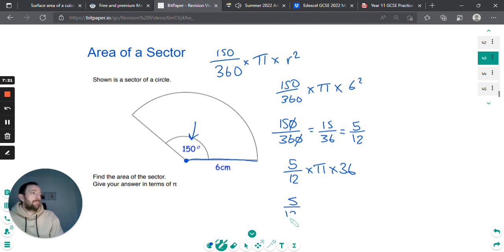So I've got 5 twelfths times 36 pi. When we've got a whole number and we're multiplying by a fraction, we just multiply the top together. So 5 times 36 is 180.